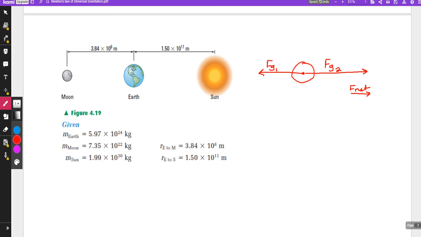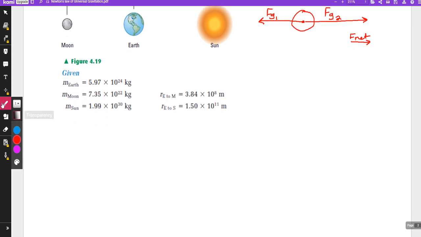So the first thing that we need to do is set up our first part of the equation here. I want to calculate the FG exerted by the Moon on Earth. This gives us G, M Earth, M Moon, all over RE to Moon. That's just to remind you that you're trying to find the distance between the centers of Earth and the Moon.